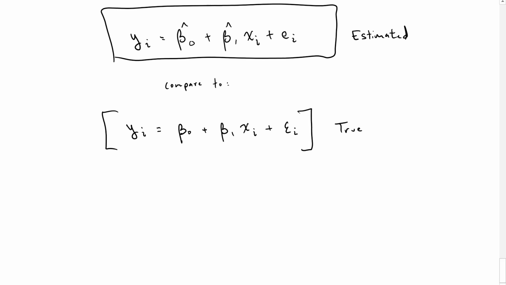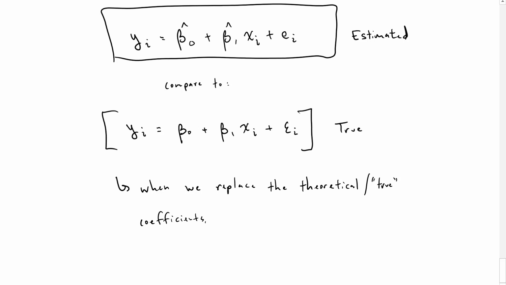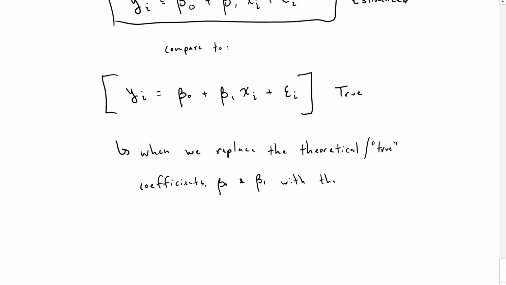And this is when we replace the theoretical, or what we can think of as the true, coefficients beta 0 and beta 1 with the estimated coefficients beta 0 hat and beta 1 hat.